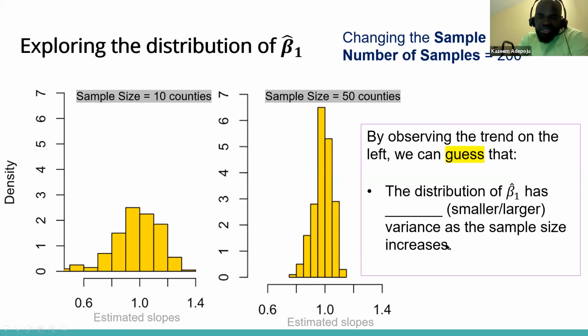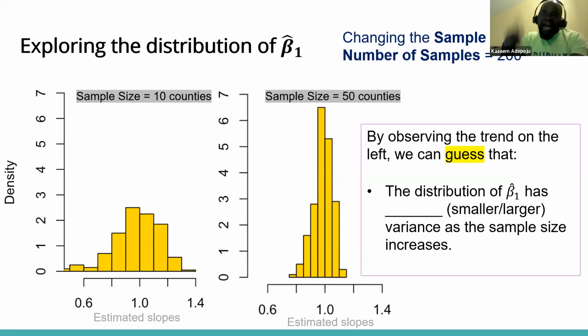And let me tell you something, as the sample size increases, we expect the distribution of beta 1 cap to have a smaller variance. And when it has a smaller variance, of course, you can actually see the shape of a normal.